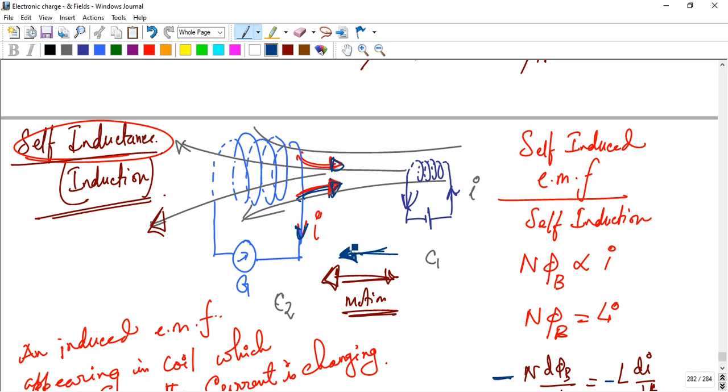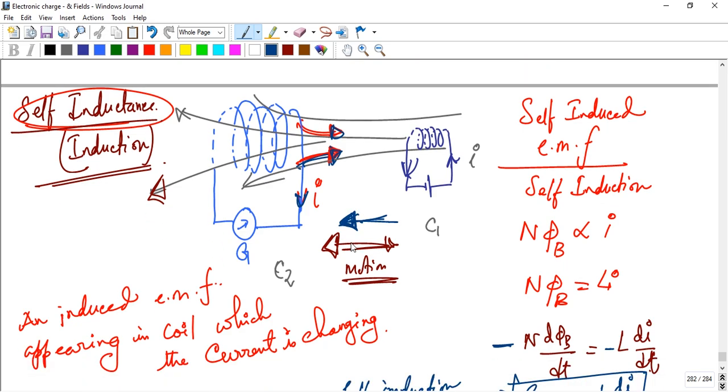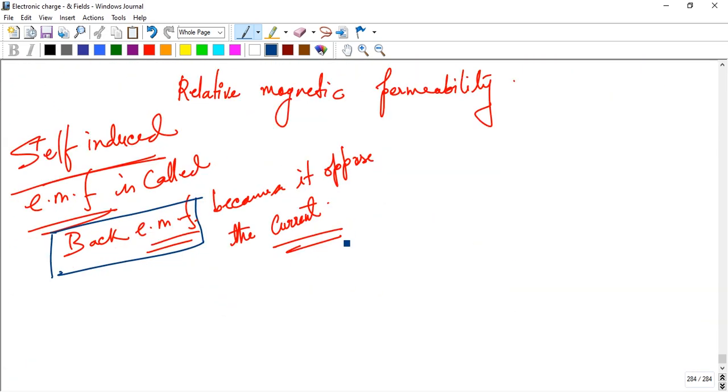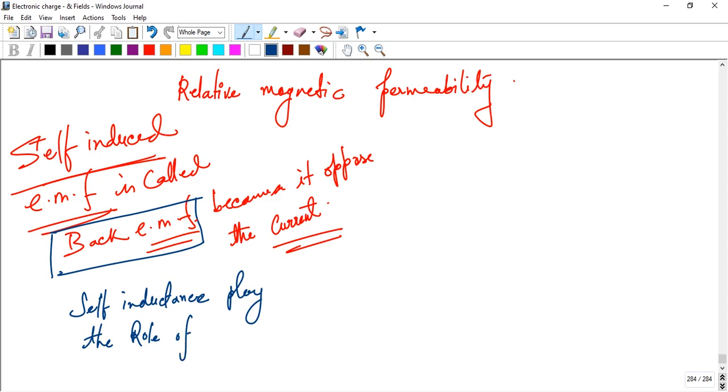Self-inductance also plays the role of electrical inertia. If there is motion, self-inductance plays the role of inertia, and so there is work done, obviously.